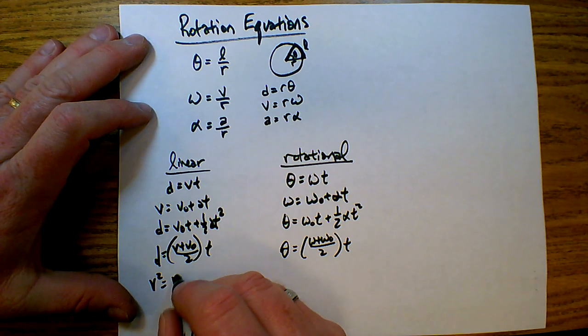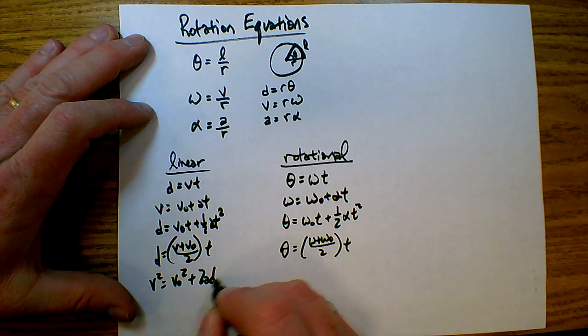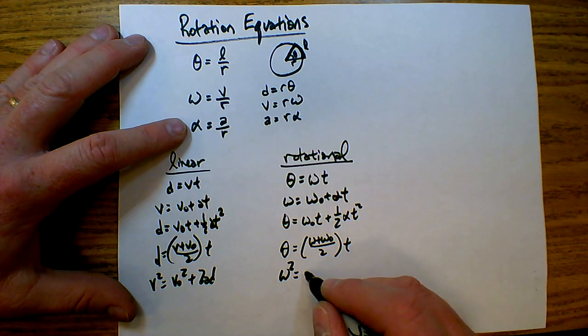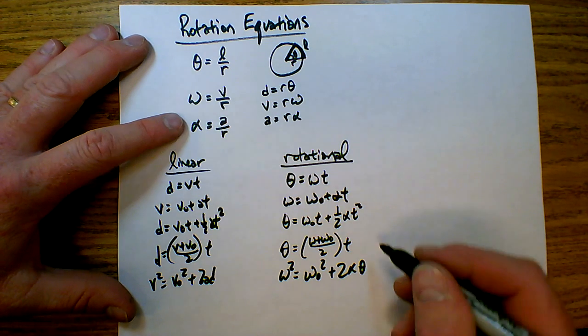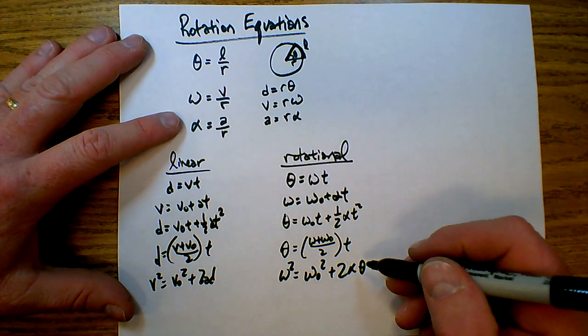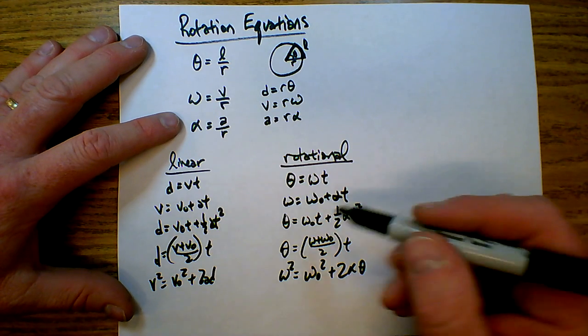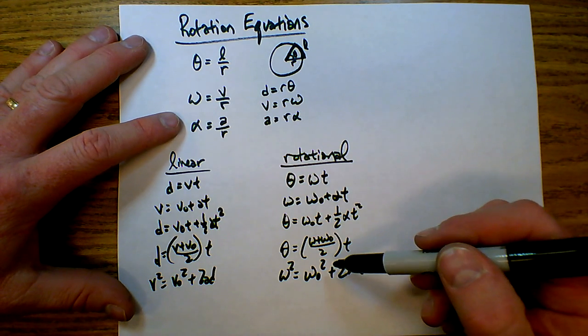And then v squared equals v naught squared plus 2ad looks like omega squared equals omega naught squared plus 2 alpha theta. So there we have our rotational equations. You can see they're pretty much the same as the linear ones. They just have the rotational variables, the Greek variables, instead.